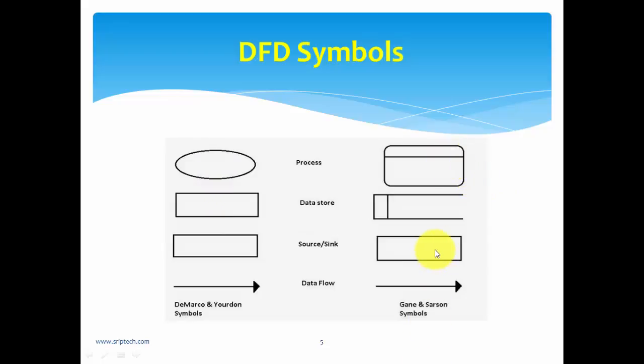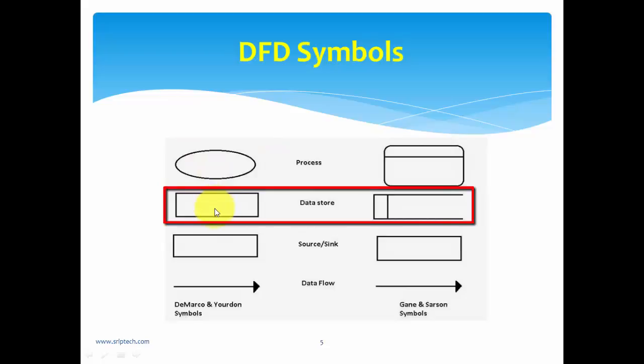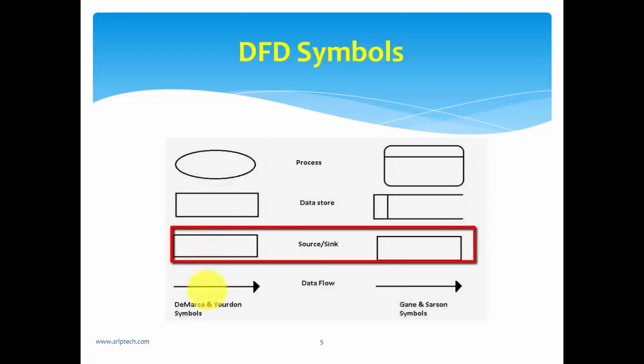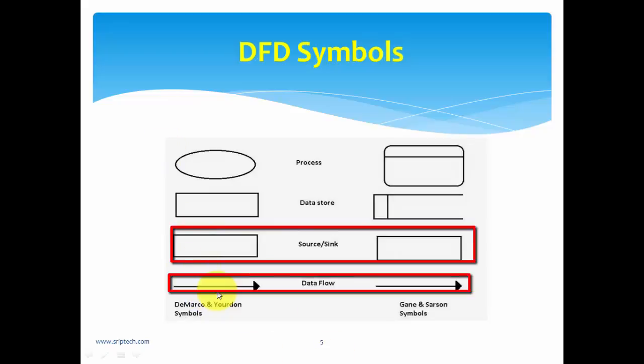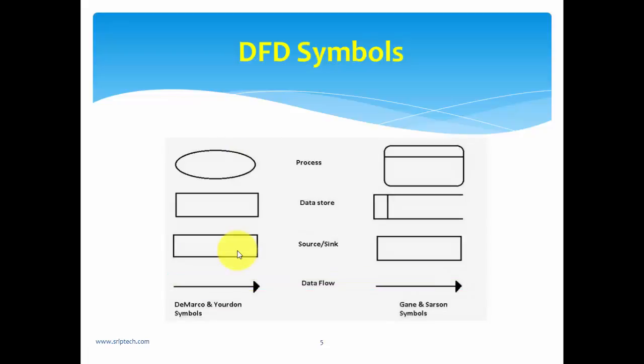It depends upon your choice. But whether you use Jordan or Sarson, the DFD symbols have four important components. The first component is a process. The second component is a data store. The third component is a source, which is also called a sink. And the last component is a data flow. All these four components put together make up a data flow diagram.